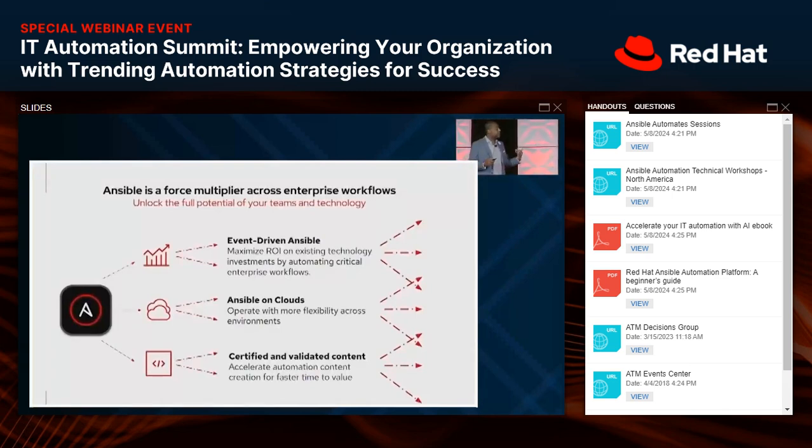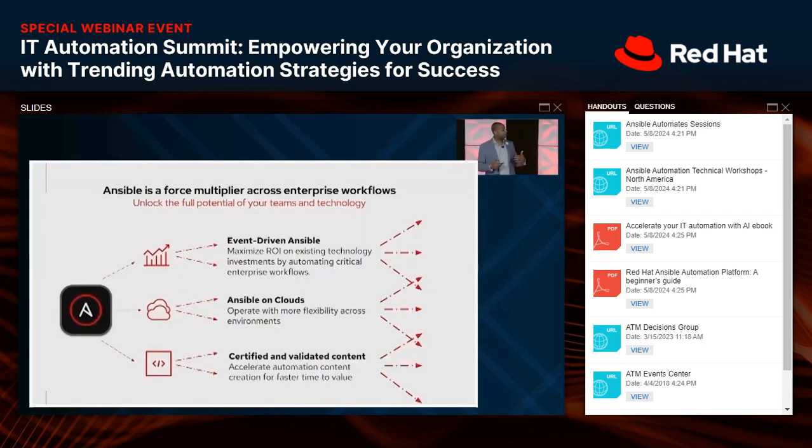So again, from a Red Hat perspective, we feel that Ansible is and can be that force multiplier within your enterprises. And it comes from a multi-directional approach. Not just looking at Ansible in the clouds or using Ansible to automate your hyperscaler activity.